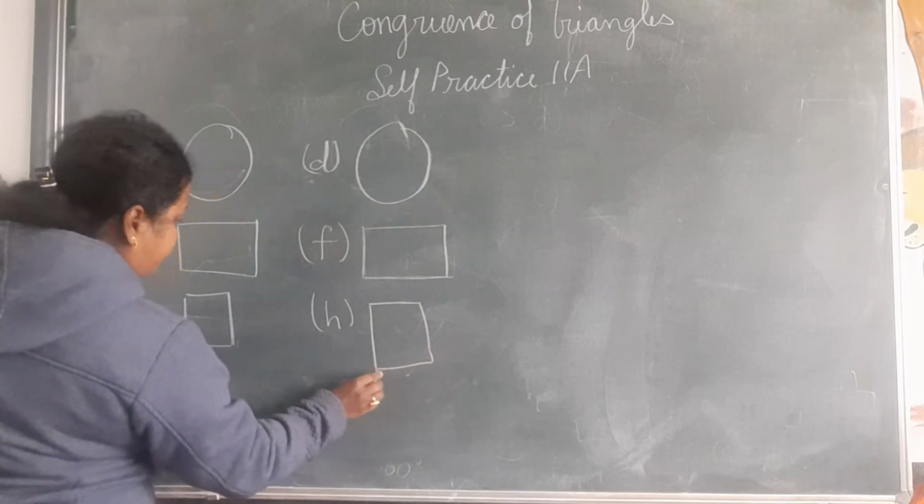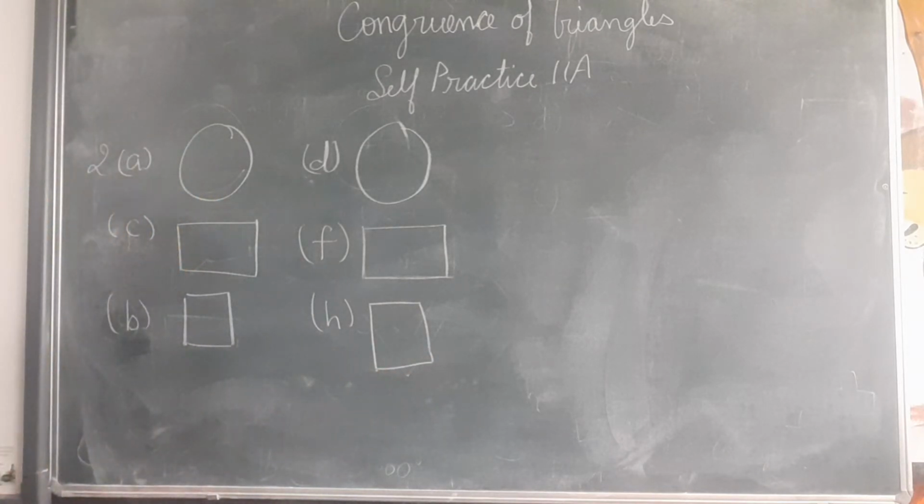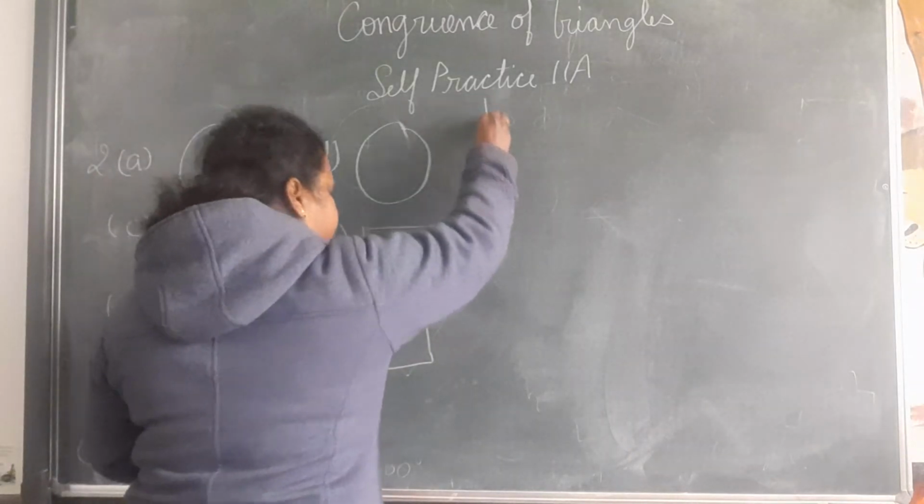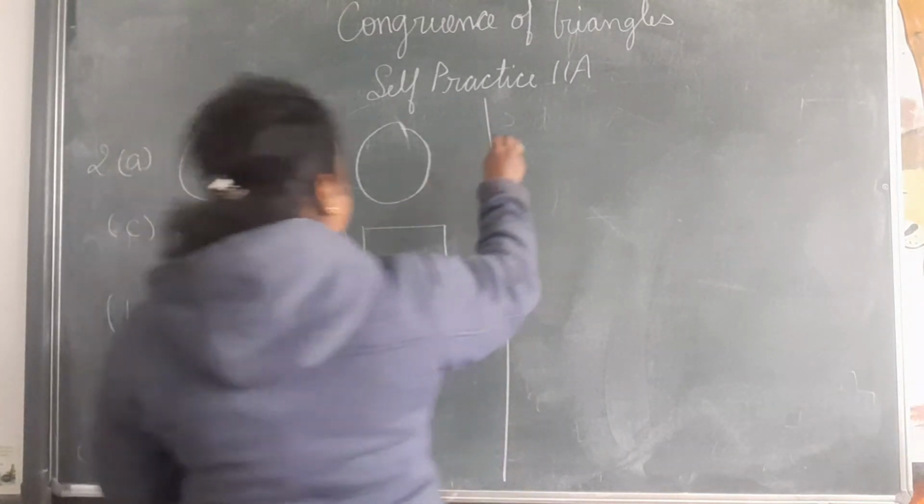Now you can see A, B, C, D. Now comes the E part. I am drawing a middle line so that it is clear.